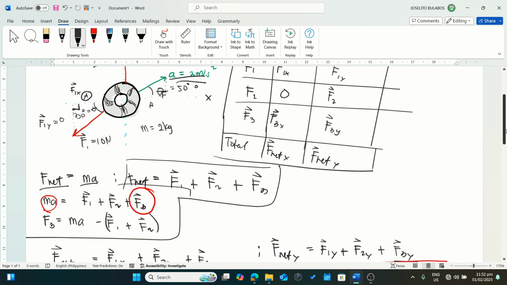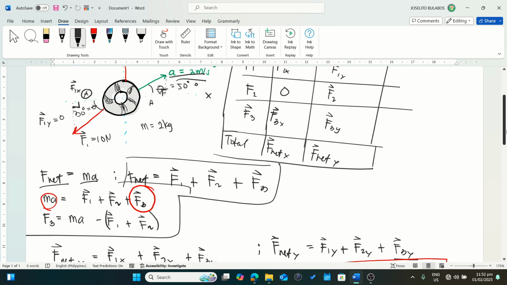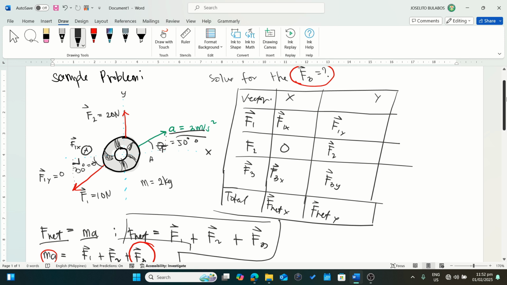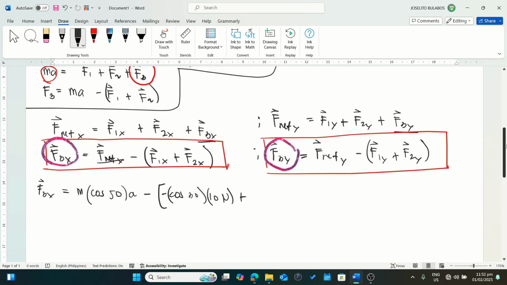We look at our F1 here, it is moving on the left, 10 Newton. So this is negative cos 30 times 10 Newton. Let me just change this one to bracket. So plus our F2. If we look at our F2, we don't have X component for our F2. So that is actually 0.